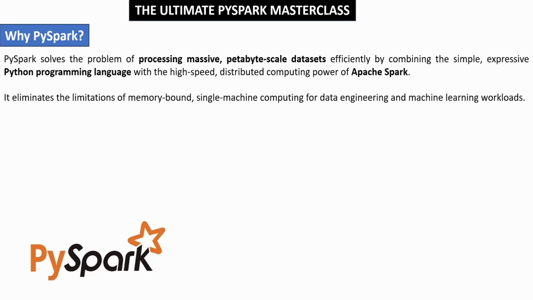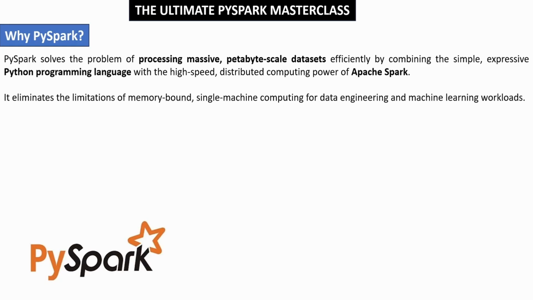So now, as you can see, PySpark solves the problem of processing massive petabyte scale datasets efficiently by combining the simple, expressive Python programming language with the high speed distributed computing power of Apache Spark, right? It eliminates the limitation of memory bound single machine computing for data engineering and machine learning workloads.